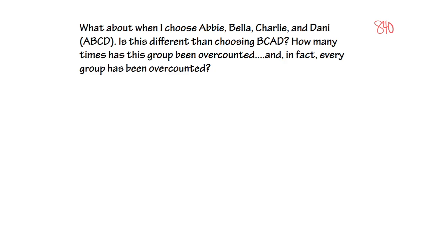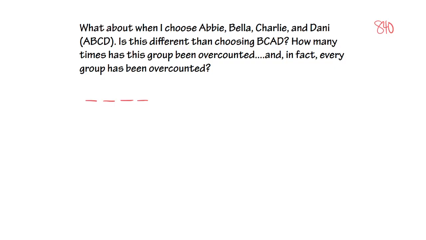Every single one of those groups that I picked got overcounted. So I've got to figure out in this particular group, the A, the B, the C, and the D, how many ways can I rearrange this? Because however many ways I rearranged it is how many times it got counted. So I'm going to break this down to these 4, A, B, C, and D. How many options would I have for the first person?